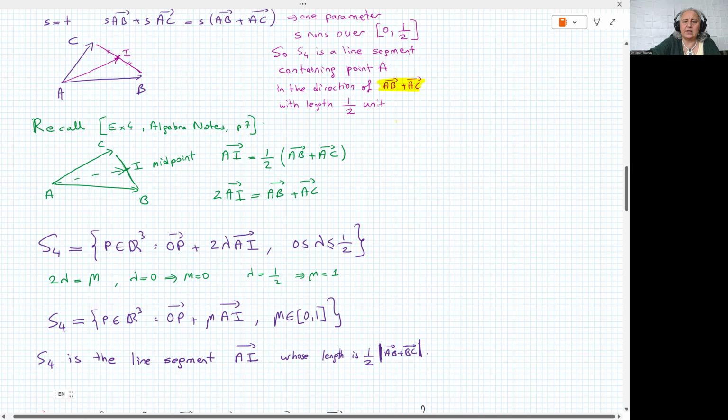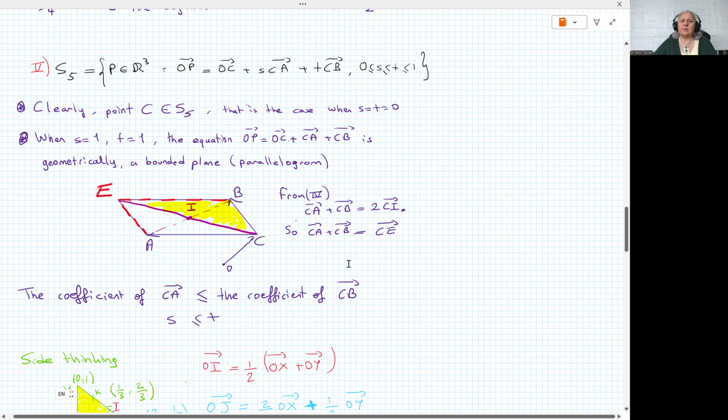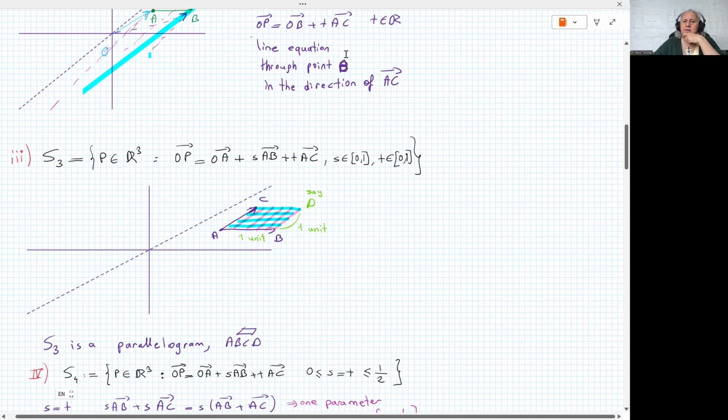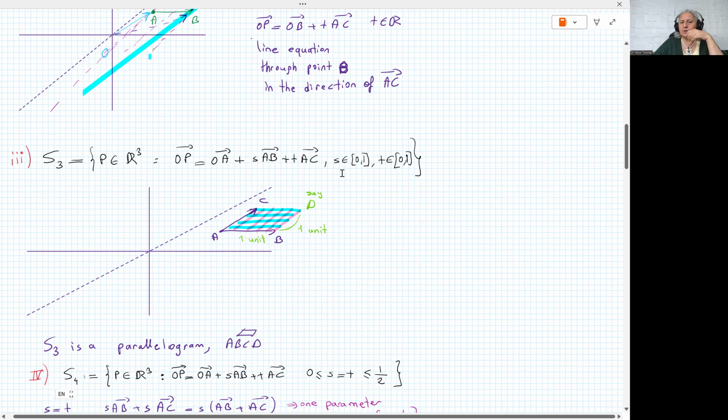Okay, last part of this question is about the set of the points satisfying this condition, S and T are between 0 and 1, but we require the coefficient of S is smaller than the coefficient of T. We know from the above, if it is between 0 and 1, this is this case, it is a parallelogram. So without the restriction of the coefficient S smaller than T, we have a parallelogram. So this is what we know.